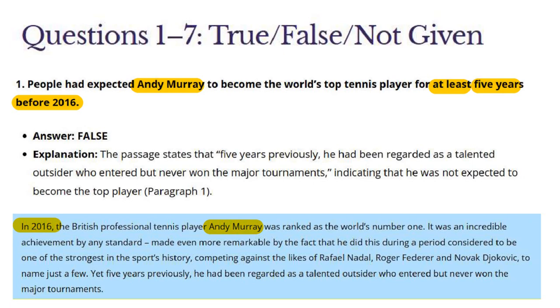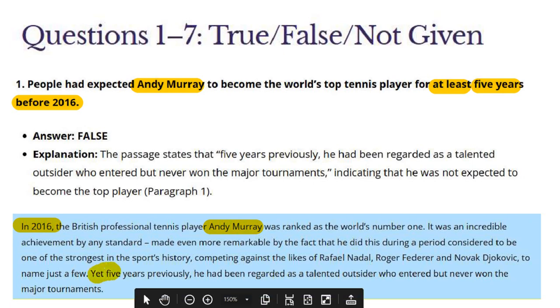Paragraph 1. In 2016, the British professional tennis player Andy Murray was ranked as the world's number 1. It was an incredible achievement by any standard, made even more remarkable by the fact that he did this during a period considered to be one of the strongest in the sport's history, competing against the likes of Rafael Nadal, Roger Federer, and Novak Djokovic, to name just a few.